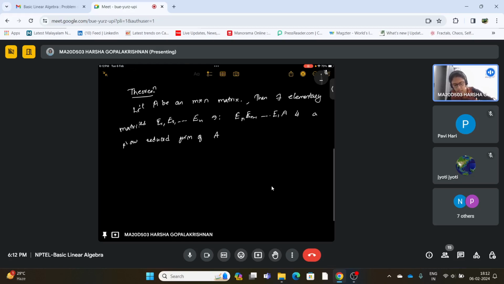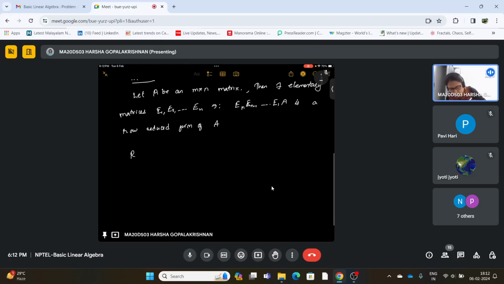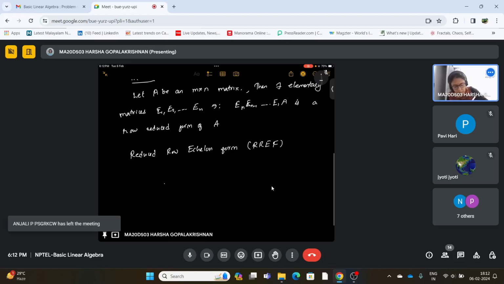Now the next concept is the reduced row echelon form. For short we will write RREF. In the last class we already studied what is row echelon form. So here we are studying reduced row echelon form.